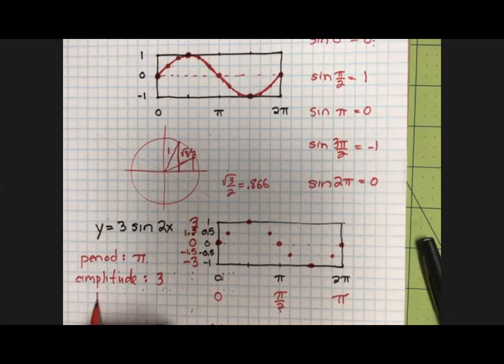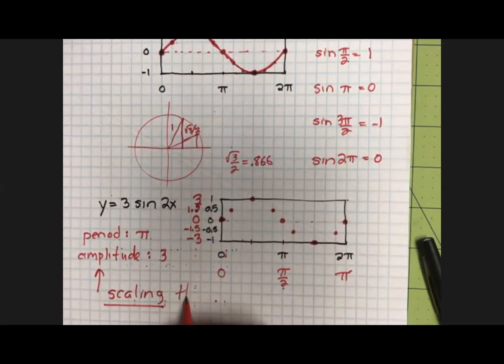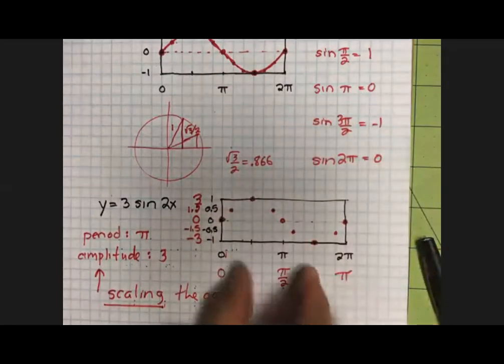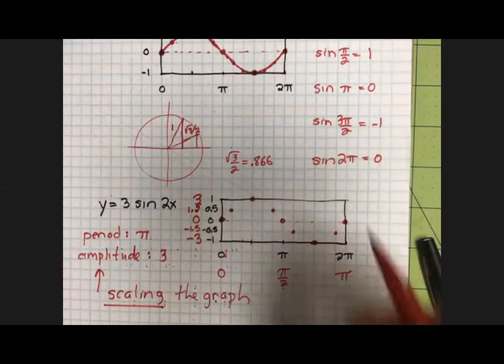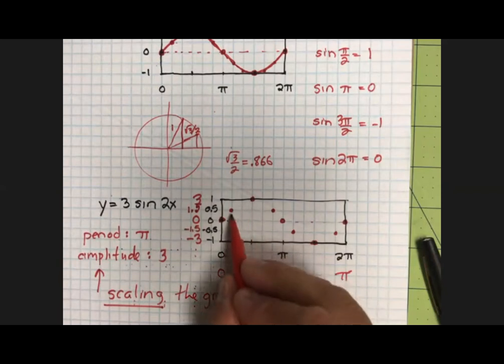Do you see what I do when I deal with period and amplitude? I am scaling, this is the fancy word, I am scaling the graph. Scaling the graph means stretching it or shrinking it, horizontally or vertically. Now let's fill in the other dots. What were the dots on the second box?